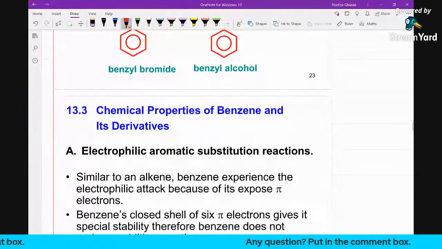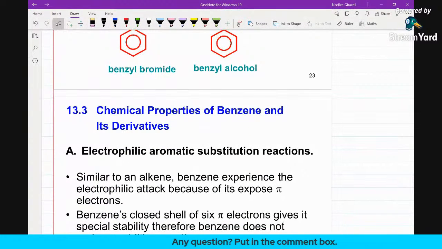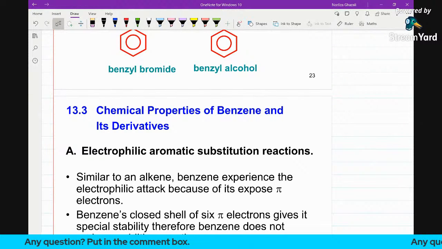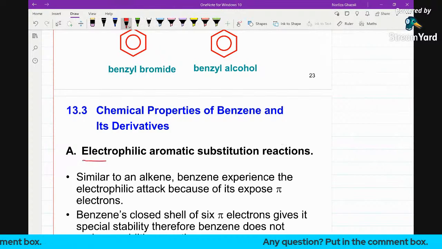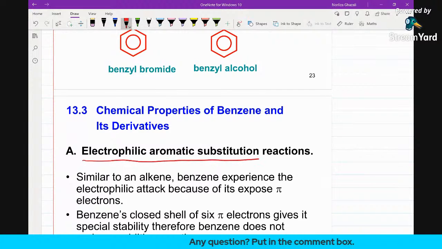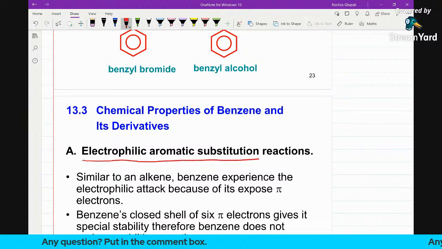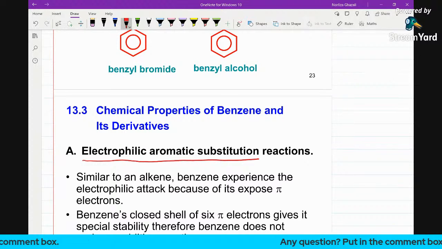All right. Then the chemical properties of benzene. So benzene actually undergoes electrophilic aromatic substitution reaction. Yeah? Electrophilic aromatic substitution reaction.